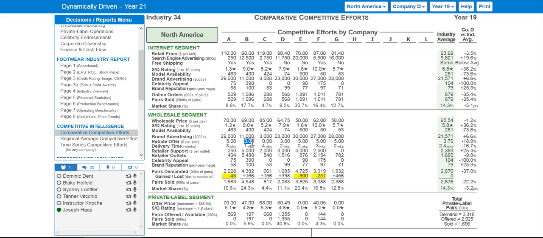They only offered $3 rebates. They did spend money there too in delivery time, which they probably didn't need to. They probably could have backed off on a lot of these areas. In fact, that's what they should have done. They should have spent less in all of these areas, because they were spending so much on celebrity appeal.